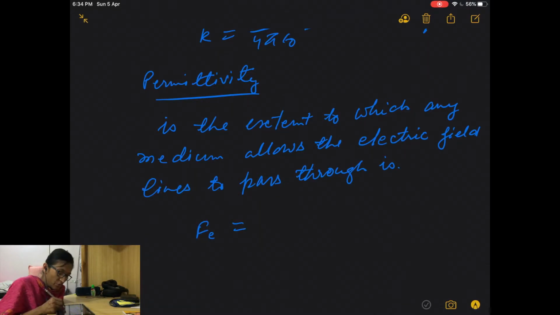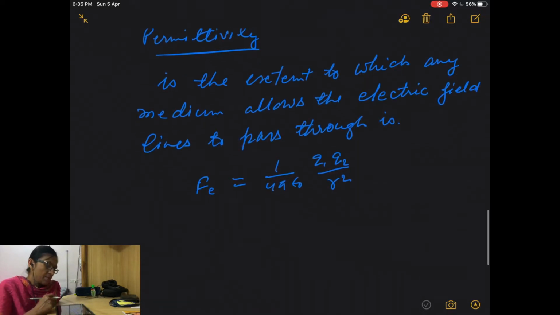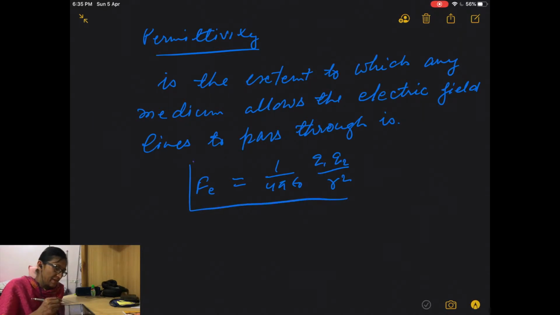So electric force is equal to 1 by 4 pi epsilon naught Q1 Q2 divided by r square. And yes, it is a scalar form. I will be explaining its vector form also. So first of all, let me clear all the details in the scalar way.